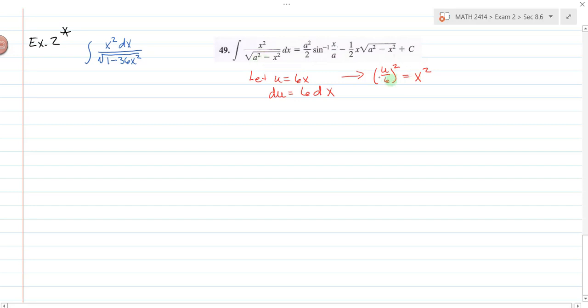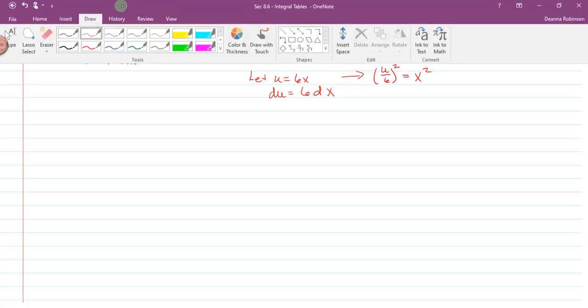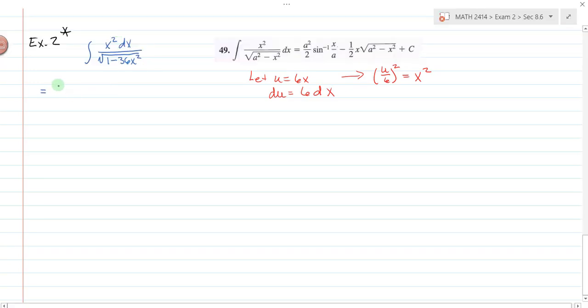So that means that I need to rewrite this. When I rewrite this so that it fits the pattern here, I'm going to change this integral into the integral of 1 over 36 u squared times 1/6 du. I have the dx, so I need to say 1/6 du is equal to dx. So this 1/6 du replaced the dx.